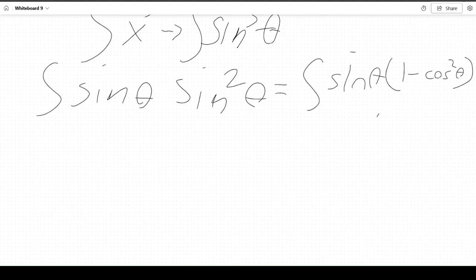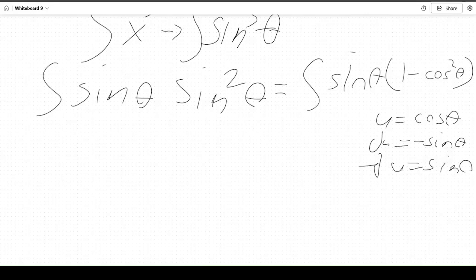We can plug in u substitution. So for u equals cosine, the derivative will give us negative sine theta. Take out the negative, you'll get sine.